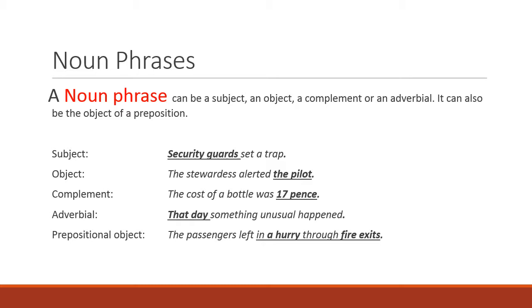Now we have a prepositional phrase, in a hurry, where hurry is a noun phrase in that prepositional phrase, and through fire exits, where fire exits is a noun phrase, part of the prepositional phrase. So this is how noun phrases can occupy different places in a sentence: the place of subject or object or complement or prepositional objects.